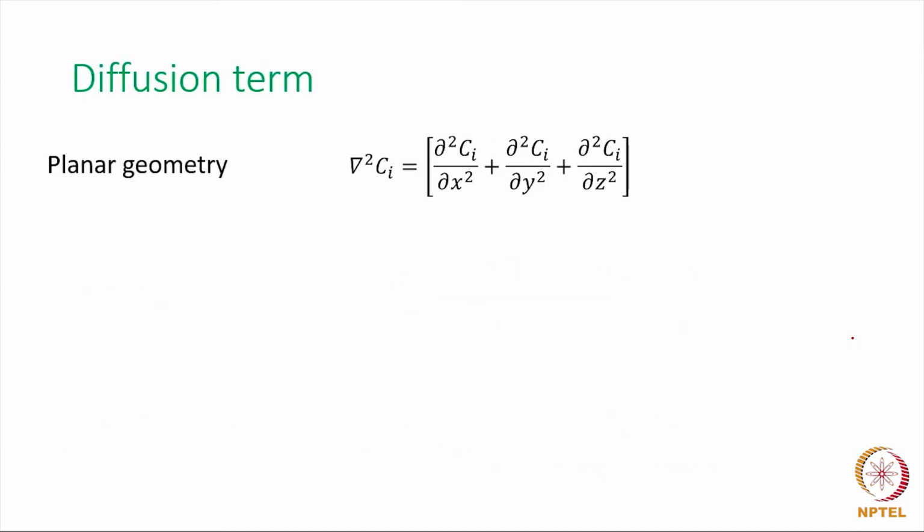The diffusion term is the most important. This is what we would actually be integrating to arrive at the solution, and that is basically also referred to as the Laplacian. And so you have the Laplacian for the composition of species i written as a summation of three terms that are given here, and usually in one dimension you would have one of these terms that would be required.